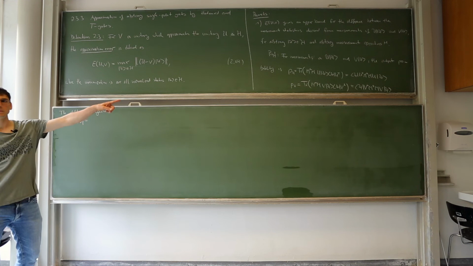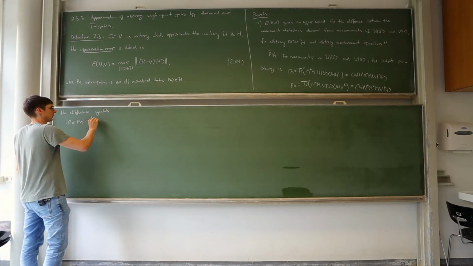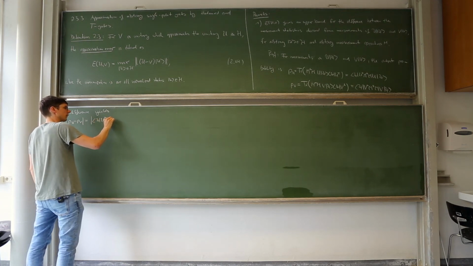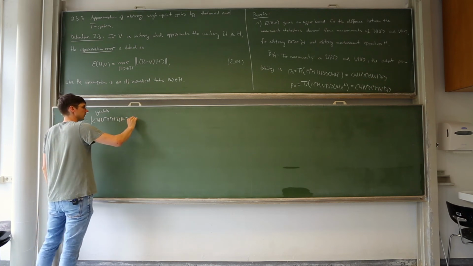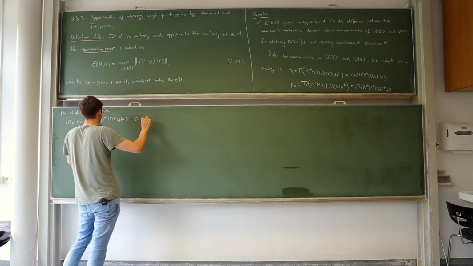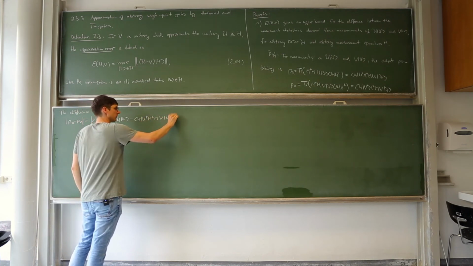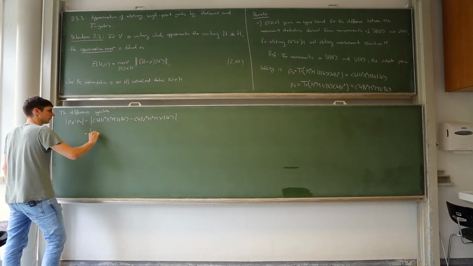Okay, we can plug this in here, which is psi U dagger M^dagger M U psi minus psi V dagger M^dagger M V psi. Okay, now we're going to rewrite this a bit.